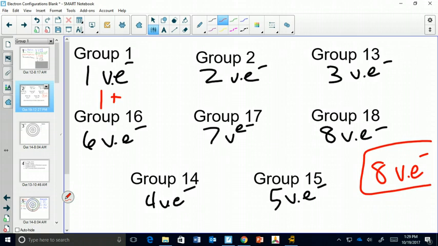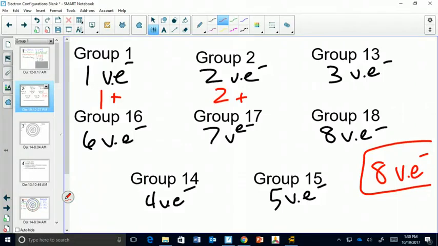Does that make sense? It's weird because it lost an electron, but it's a positive number. That seems weird, I get that, math-wise. But it's because it lost a negative. And 2 negatives make a positive, right? It lost a negative something. We cool? How about group 2? Let's use your brains. What charge do you think that's going to be?